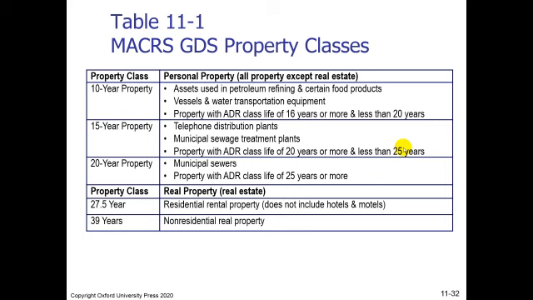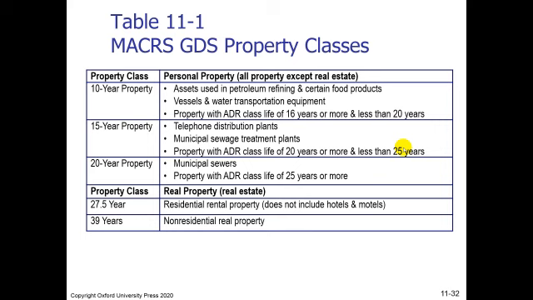So residential rental property, these would be things like duplexes that are rented out for income purposes, things like apartment complex buildings and those types of things. It is important to note that you can only use depreciation on those types of properties if they are used in making money as a business venture.